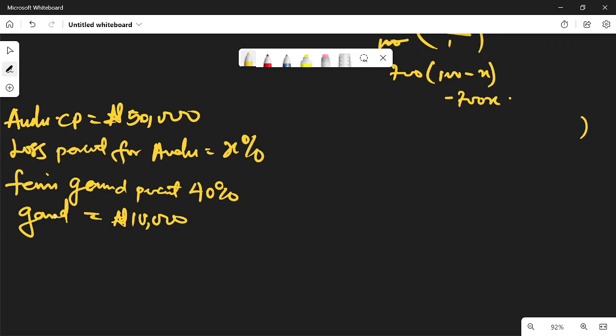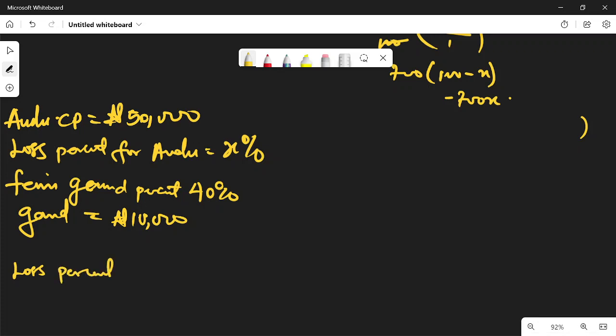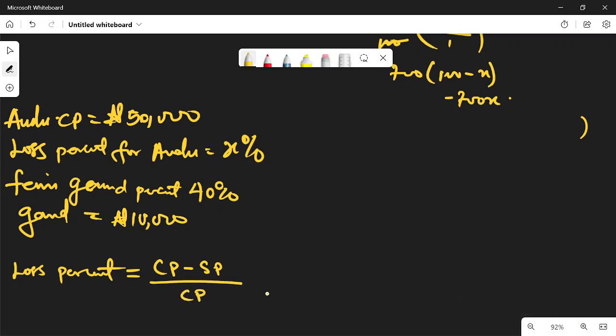Now you agree with me that if Audu makes a loss, you first of all start by saying the loss percent is going to be the cost price minus the selling price, divided by the cost price, multiplied by 100 over 1. So that's the loss percent.